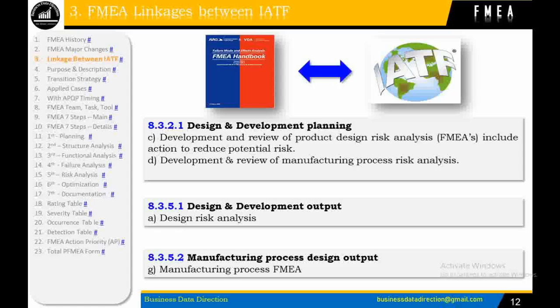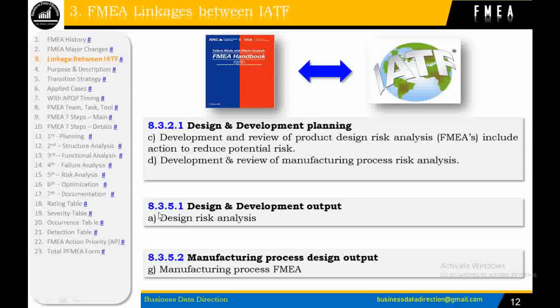Now we will see the linkage with IATF. In clause number 8.3.2.1, design and development planning, in C, development and review of product design risk analysis, FMEAs include action to reduce potential risk, and in D, development and review of manufacturing process risk analysis is given.